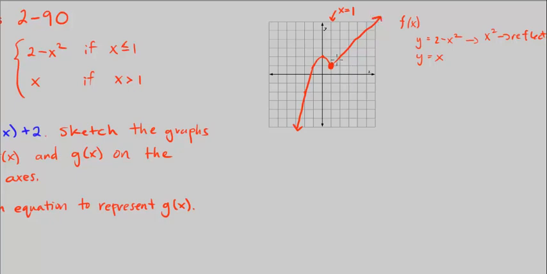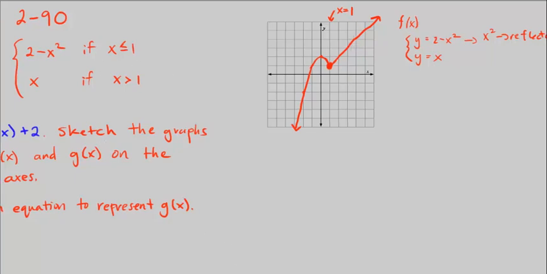It's a line. And since our open circle and closed circle sit on the same point, then the combined is going to be a closed point there. All right, so this is f of x, and it's made with these two pieces.